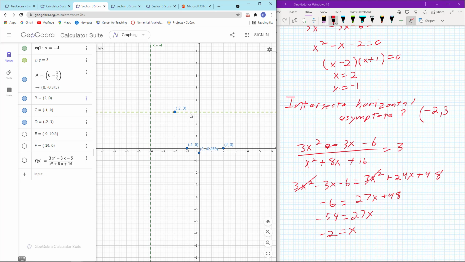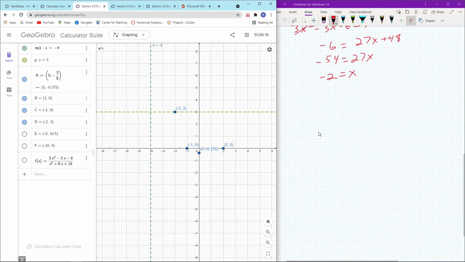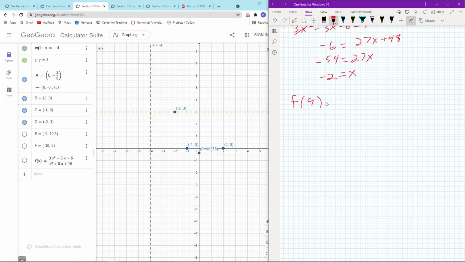Okay, so it might be good to plot a few more points. I have a good idea of what's going on here, but I might want to plot a few more points over here. So how about if I evaluate f at 9? Well, if I do, I will find that this is equal to 10.5.